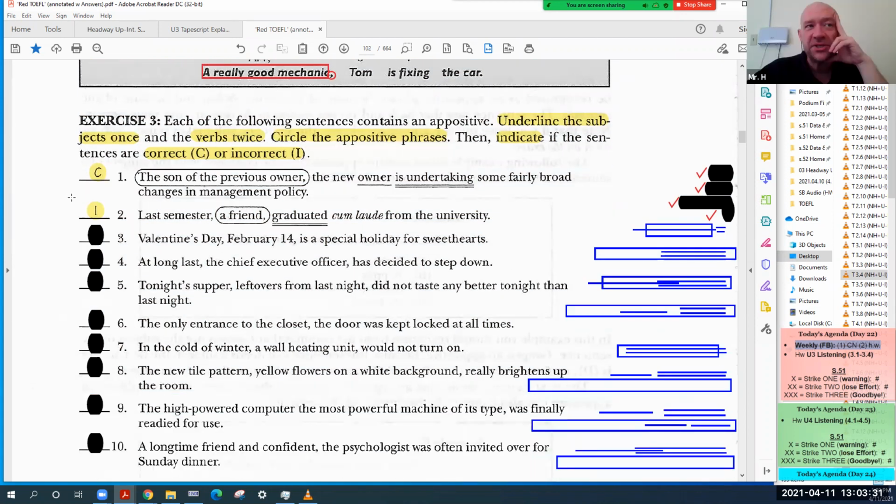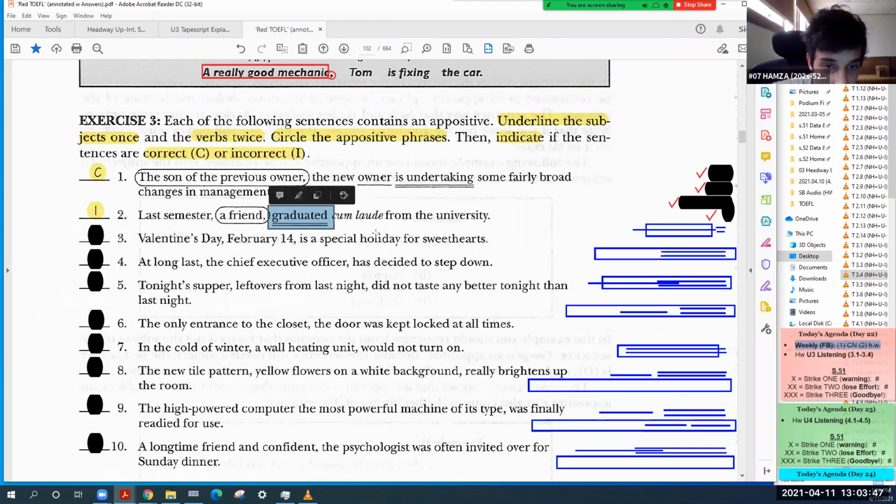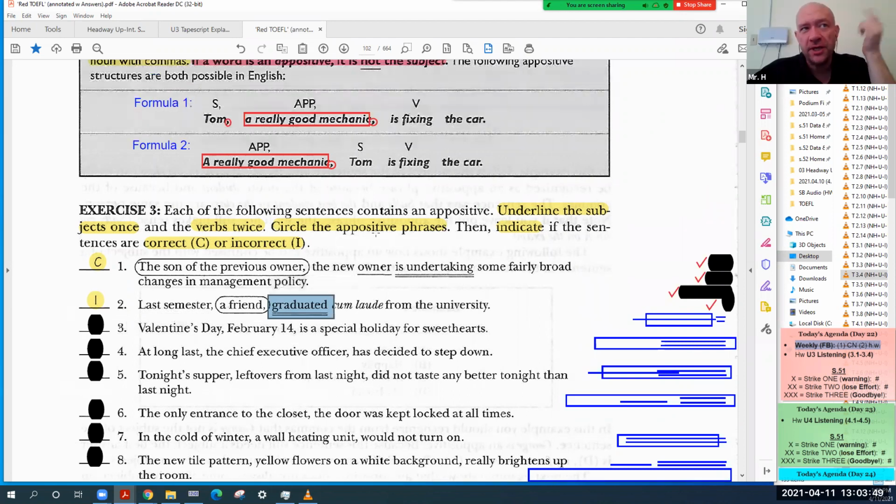Why is it incorrect? What's the problem? A friend is the appositive, and graduated is the verb. So what's missing? The subject. Which formula should I use? Formula 1.